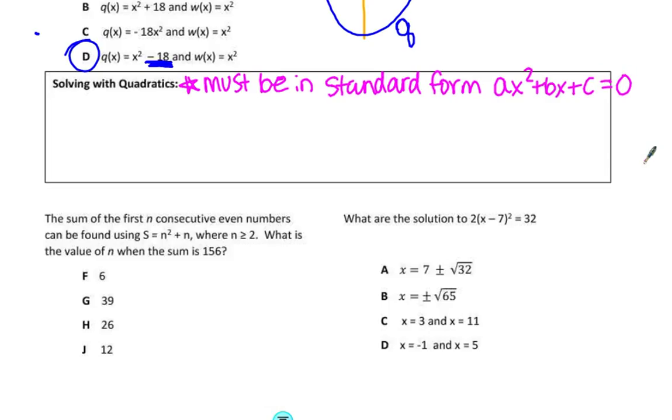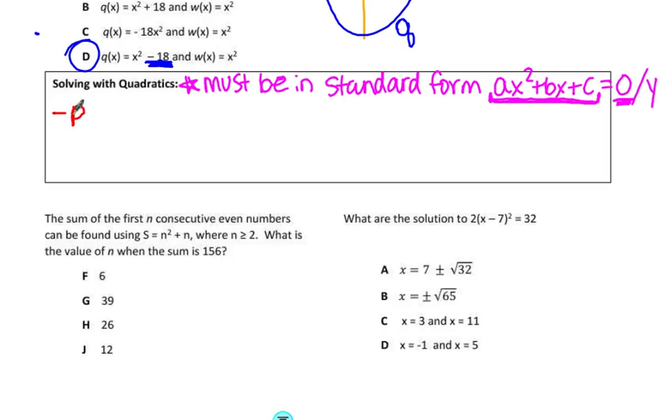It doesn't always look like this, but my point is we want everything to be on the same side and equal to 0 or equal to y. So get all your numbers onto the same side before you plug it into your calculator.